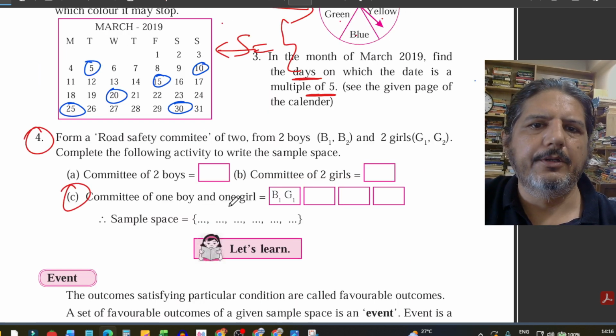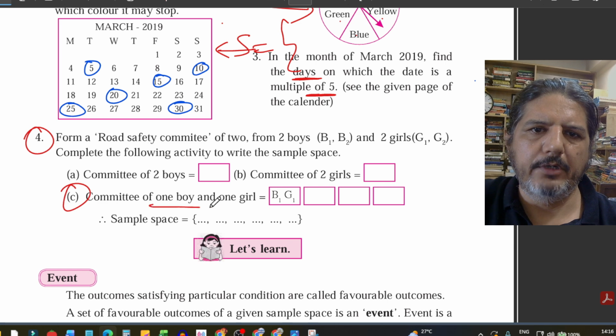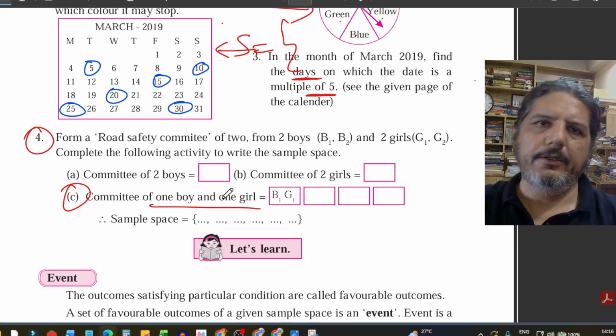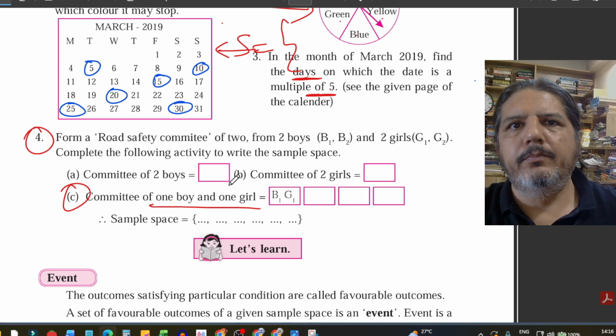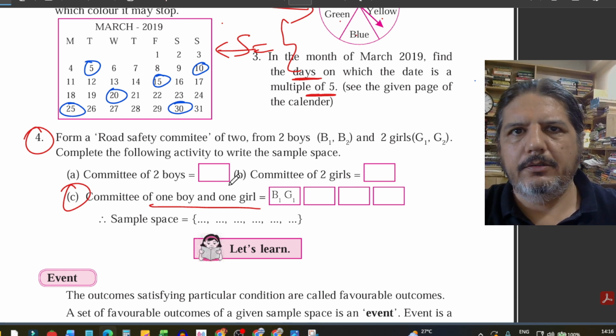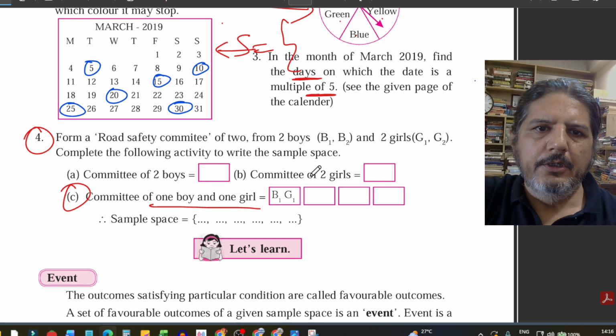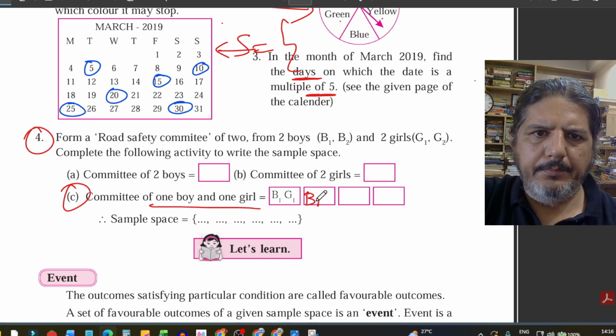But then if you want to have a committee of one boy and one girl, so in C part, committee of one boy and one girl. Now when you have to form this committee, you have to take one boy and one girl. You can't form a committee where only boys are there or only girls are there. So it is compulsory that one boy and one girl should be there. So you can form a committee like B1, G1. You can form a committee like B1, G2.